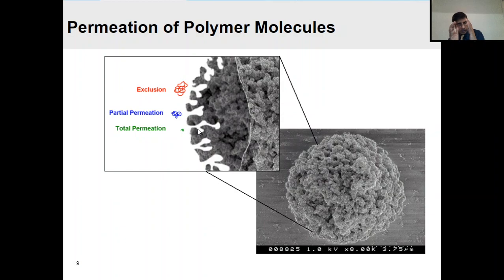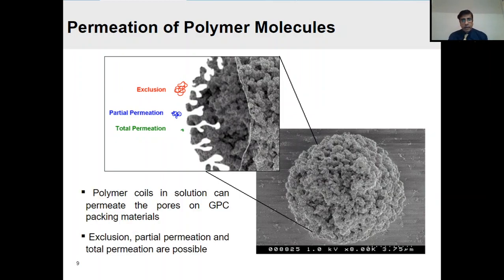So this is the basic principle for the separation of polymers. The polymers are separated based on their different sizes. As the size increases, it cannot go inside the pores, and the polymer will come out immediately from the column, excluded before the small molecules. So this is the basic principle.